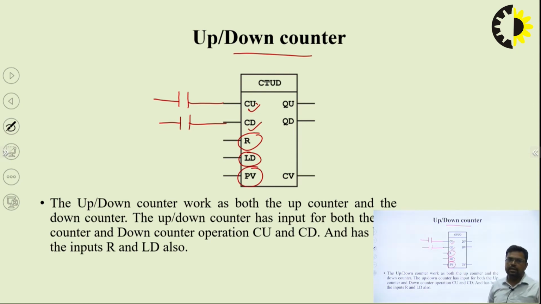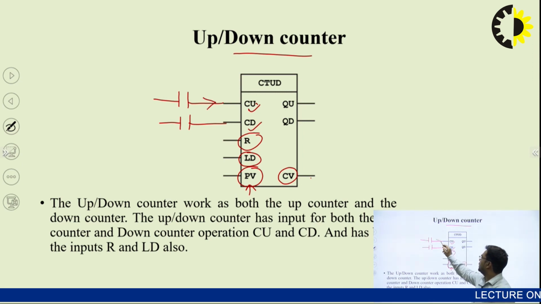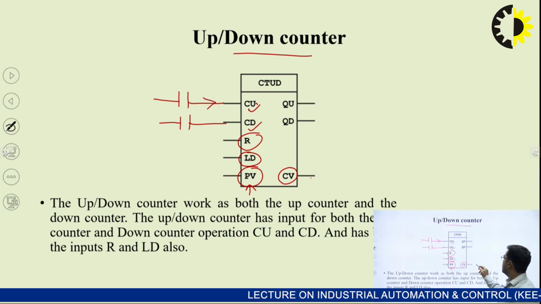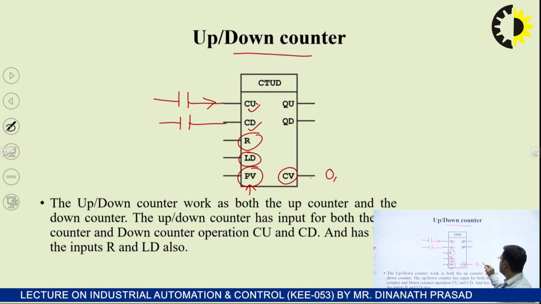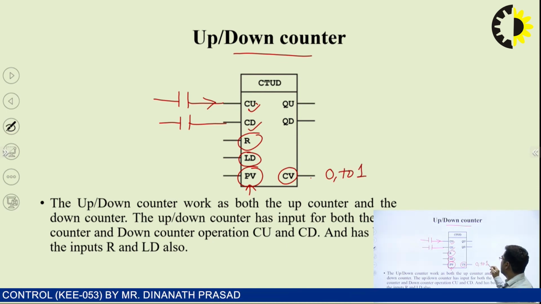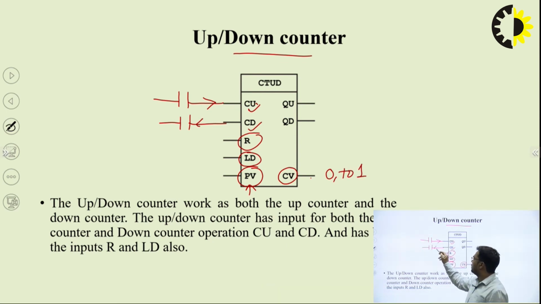We can set what quantity is set as the preset value. The counter value, that is CV, denotes either the increment value, which will increment from 0 to 1, or, if the decrement is activated, the value changes from 1 to 0.